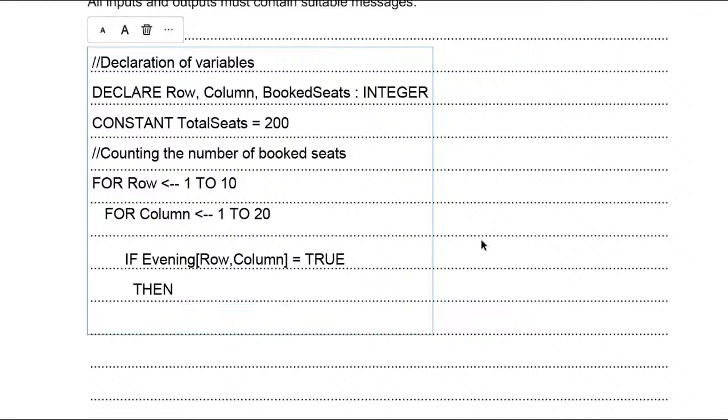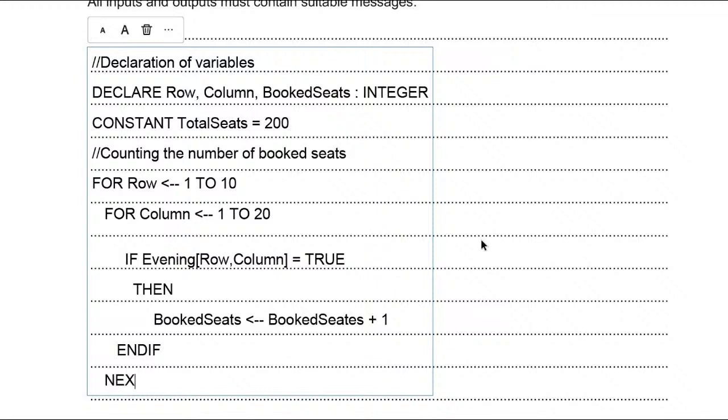You are going to add 1 to booked seats. Booked seats would become booked seats plus 1, and then next column, next row.